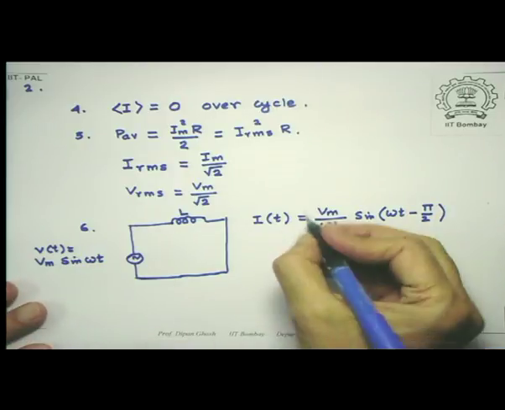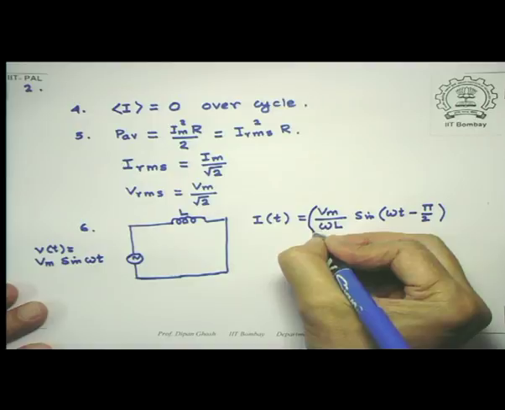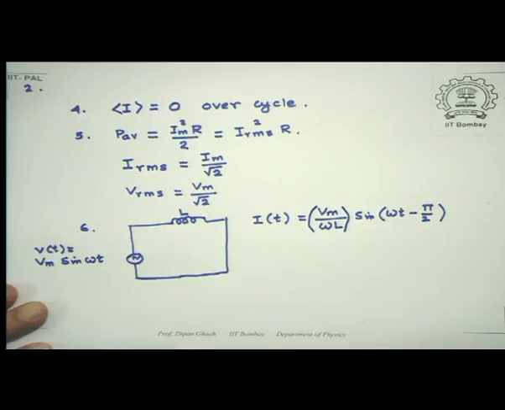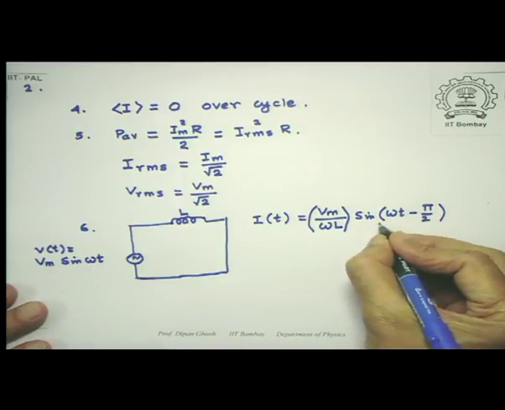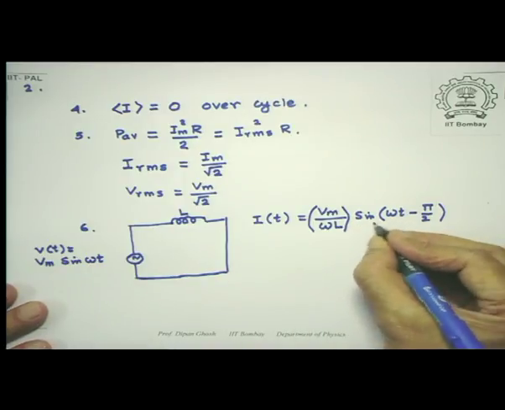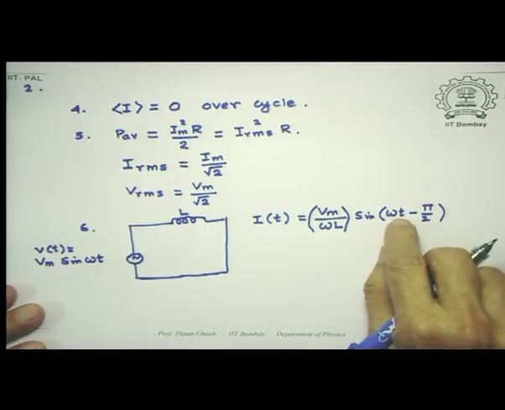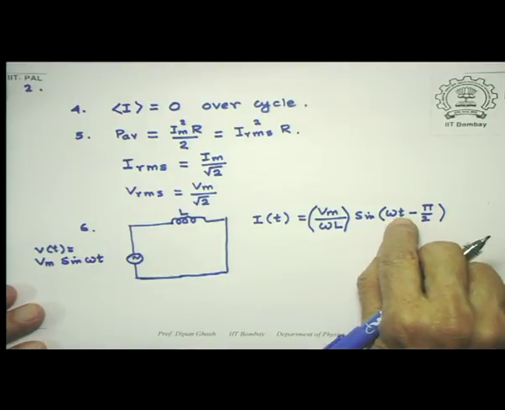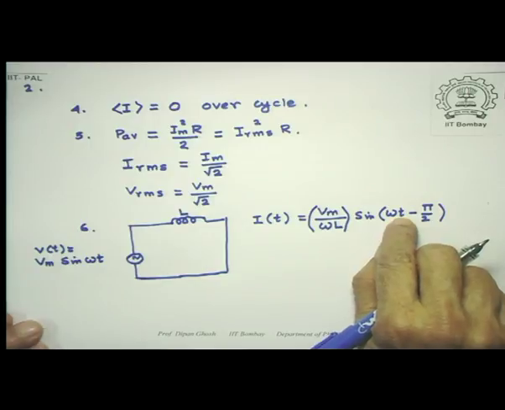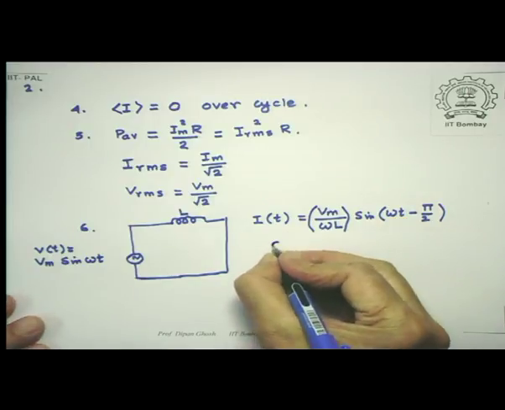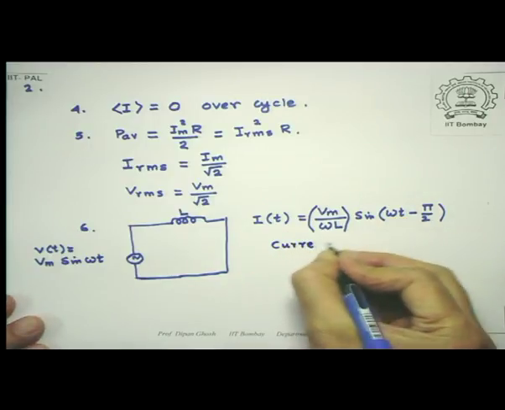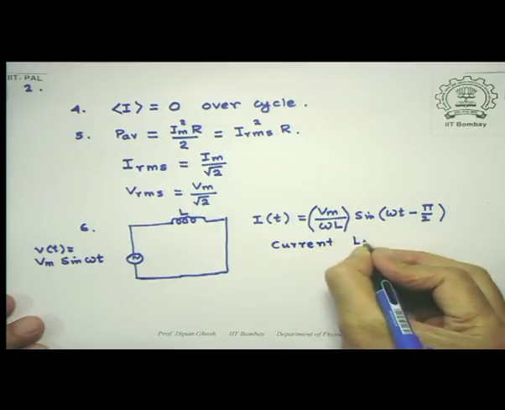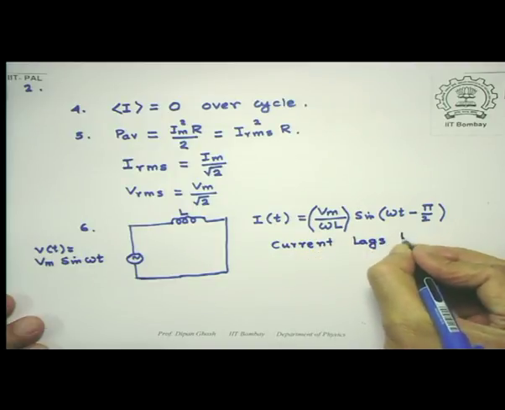This of course told us firstly that this is the magnitude of the maximum current, and the time variation is not in phase with the time variation of voltage, but the current lags behind the voltage by pi by 2.